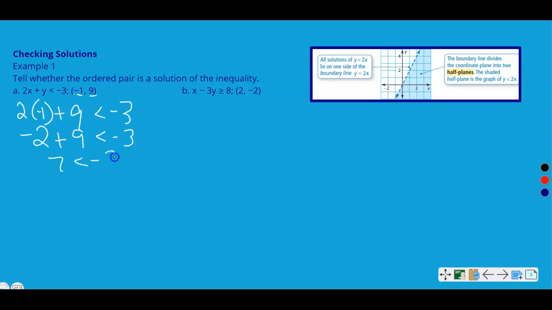Is 7 less than -3? No, 7 is greater than -3. So that is false. That's not true. So (-1, 9) is not a solution.